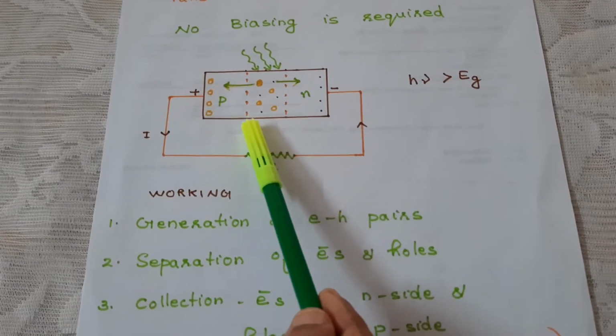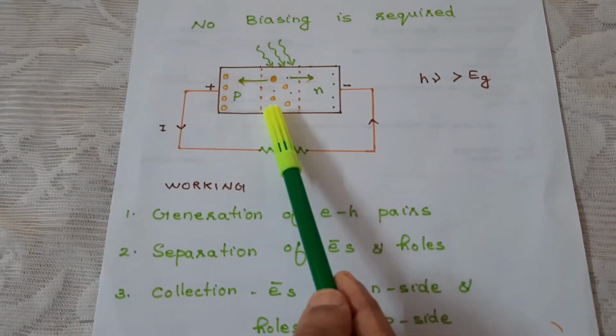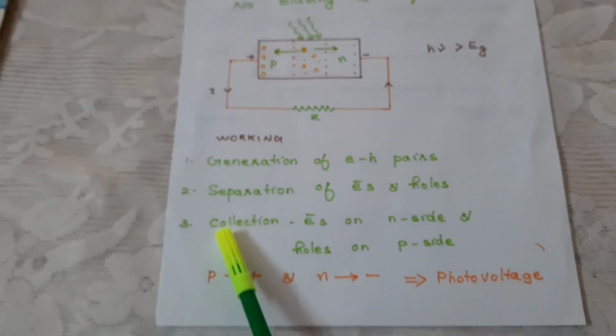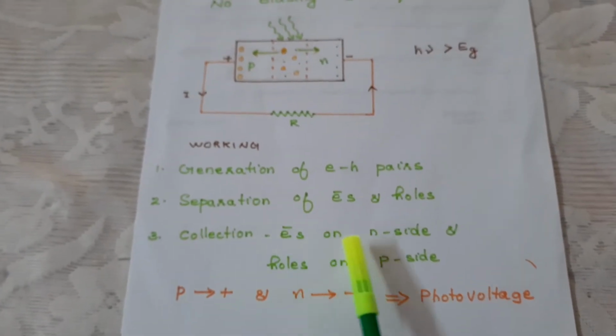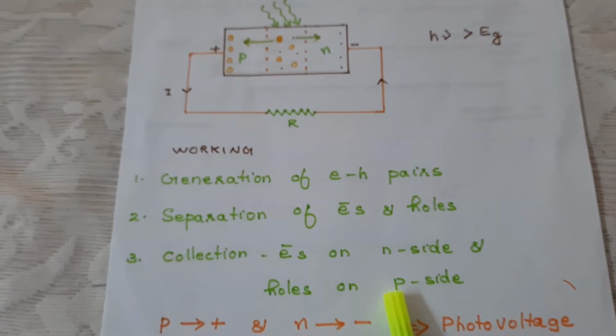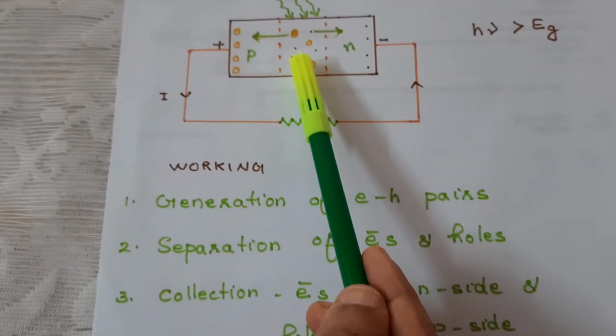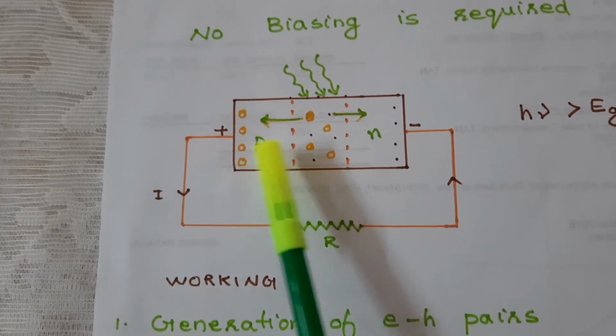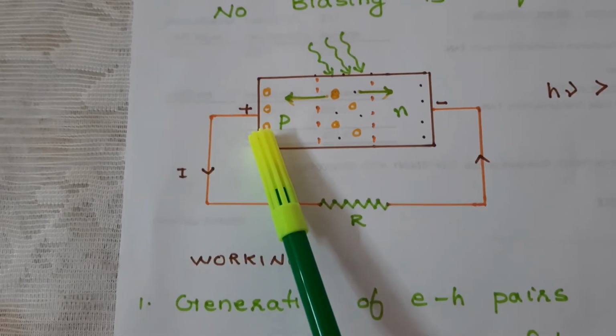Due to the electric field of the junction, electrons and holes are separated. And the third process is collection of electrons on n side and holes on p side. So the electrons are collected on the n side and holes are collected on the p side.